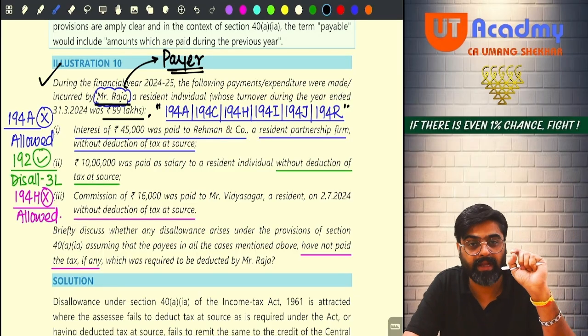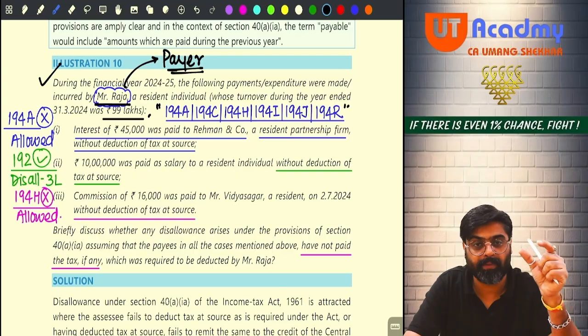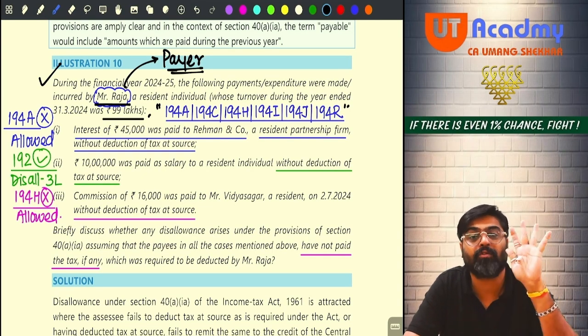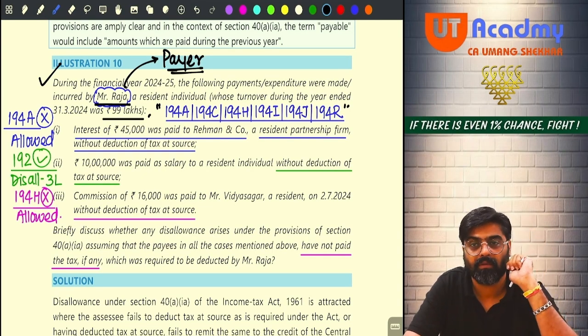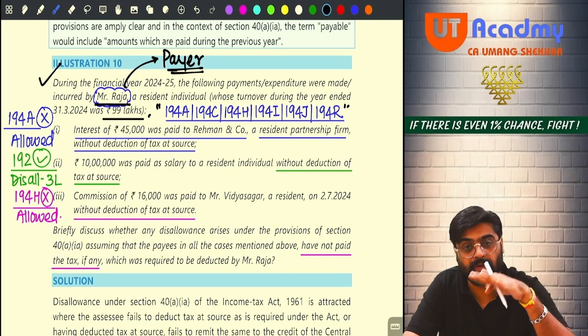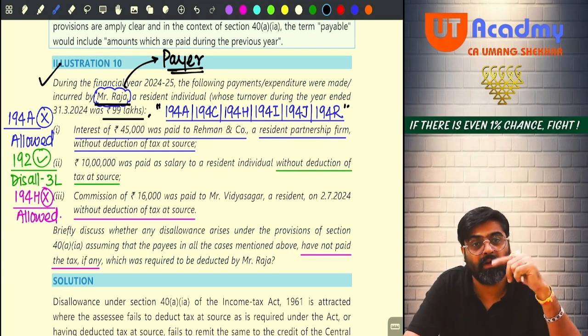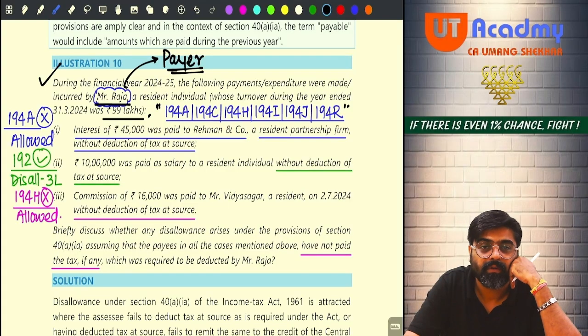And 194A says that if the payment of interest other than interest on securities during the previous year in aggregate is more than 5,000, then you have to deduct TDS from that interest, provided the payment is made to a resident payee.